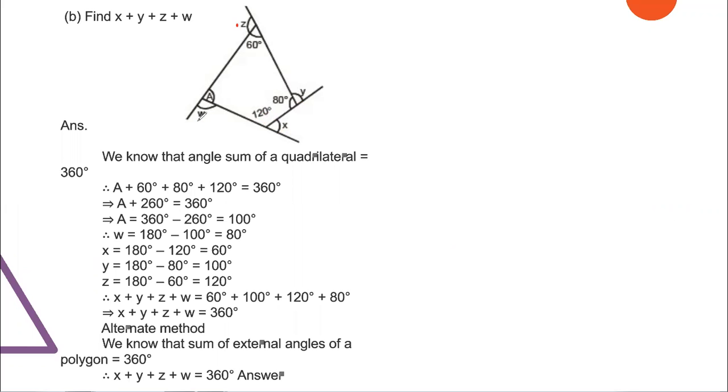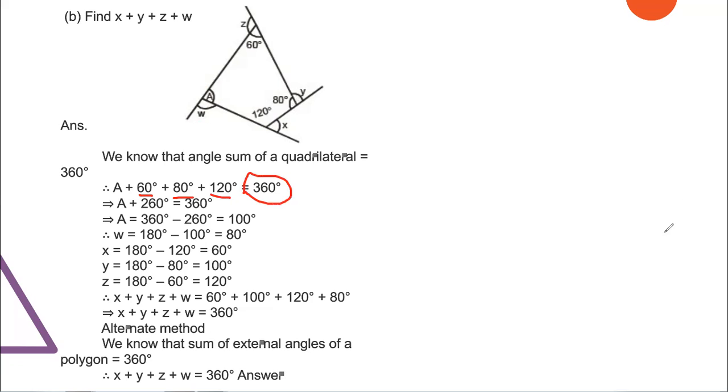To find the value of w, you need to find the value of a, isn't it? To find the value of a, we know that this is a quadrilateral because it has four sides. So the sum will be 360 degrees. So a plus 60 plus 80 plus 120 gives you 360 degrees.